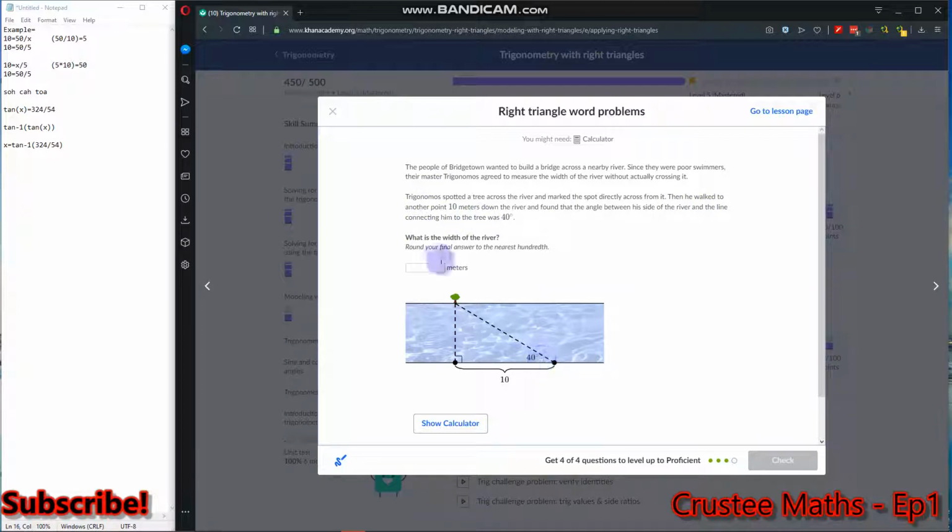What is the width of the river, which is right here? So we know that we want the adjacent side and the opposite one. Tangent will do the job. So tangent of 40 degrees is equal to the opposite side, which is x, over the adjacent side, which is 10.